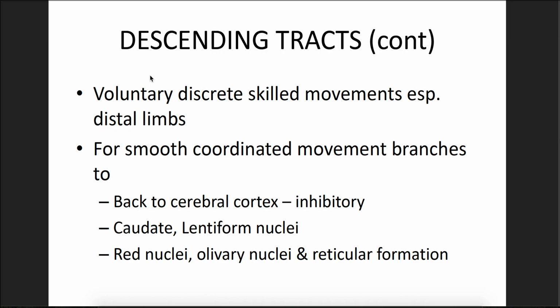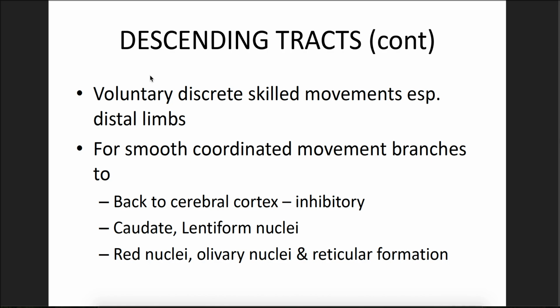The descending tracts, corticospinal, are concerned with discrete, voluntary, skilled movement, especially in the distal limbs. And for smooth, coordinated movements to take place, these corticospinal tracts will give branches back to the cerebral cortex so that the other areas are inhibited. For example, if you want to move your hand and write, your elbow and your shoulder have to remain stationary.